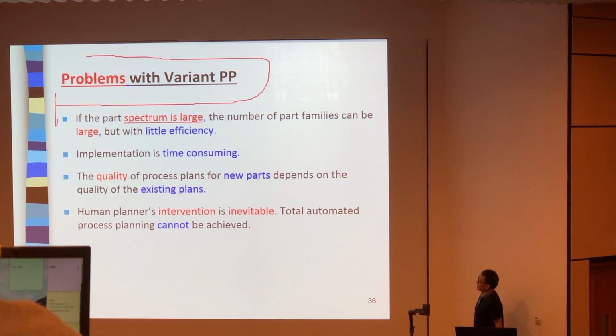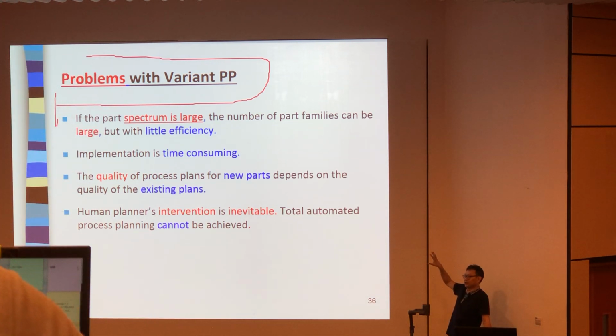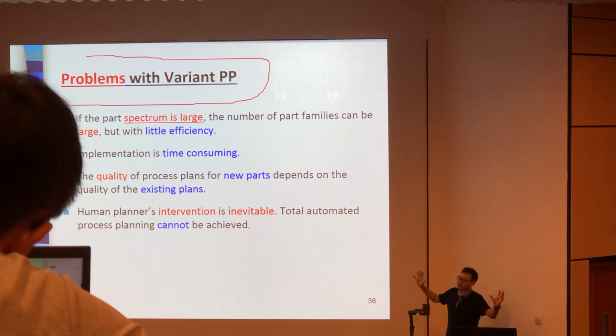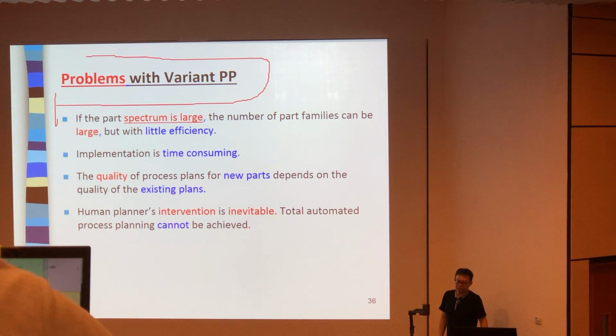First thing is actually not only related to GT's application in process planning, but also other applications, which means if the part spectrum is large, the number of part families can be large but with little efficiency, meaning that if the production history shows very large diversity and very little similarity, then it's not worth trying this kind of approach.